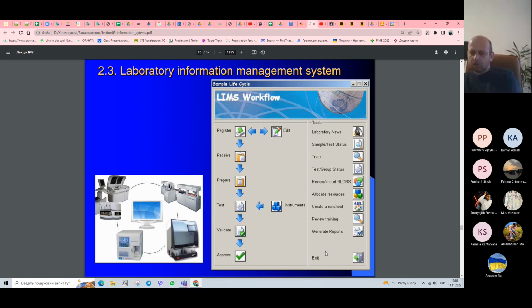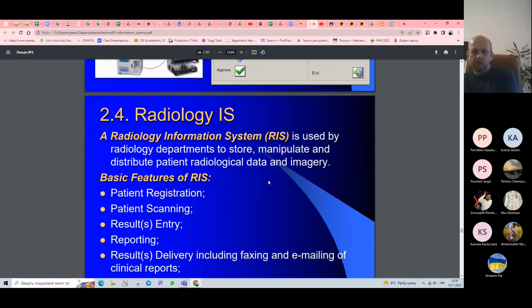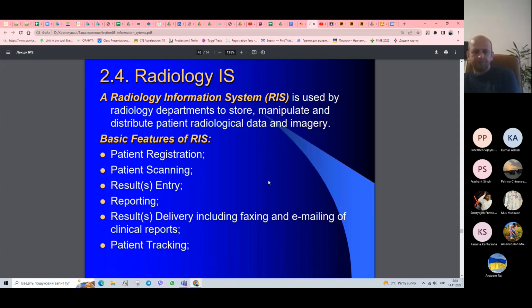And there can be different tools included: laboratory sample test status tracking, test groups, allocating resources. From this list, our goal is for you to see what components can be included in this laboratory information system.